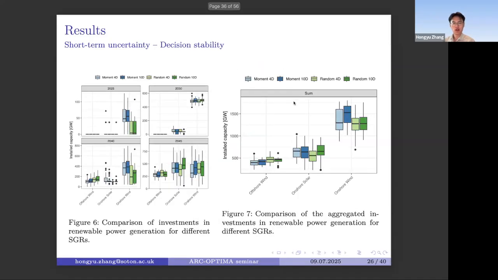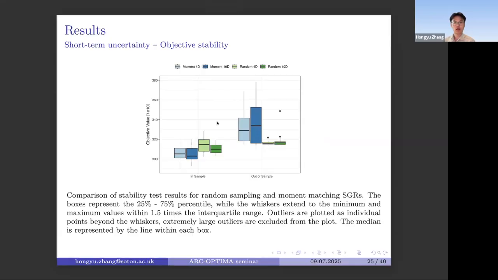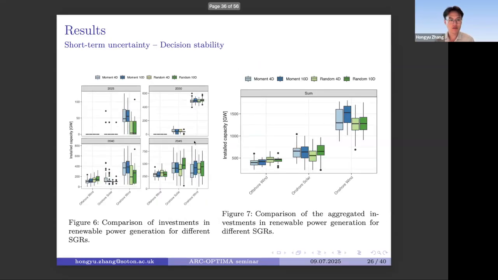We also take a look at the decision stability. This plot gives you the objective stability, which is the objective function value, and then we also check the stability in your decisions. Here we mainly looked into some key renewable decisions.